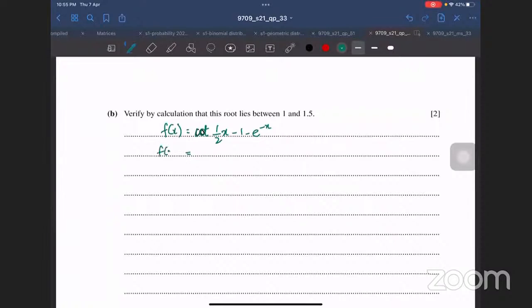Okay, and then verifying, putting my calculator into radian mode and calculating these two. f of 1 and f of 1.5. Cot. So I'm going to write on my calculator 1 over tan of 0.5 minus 1 minus e power minus 1.